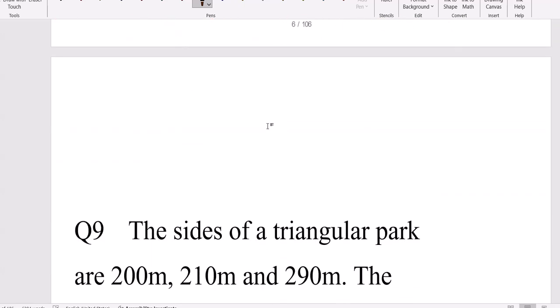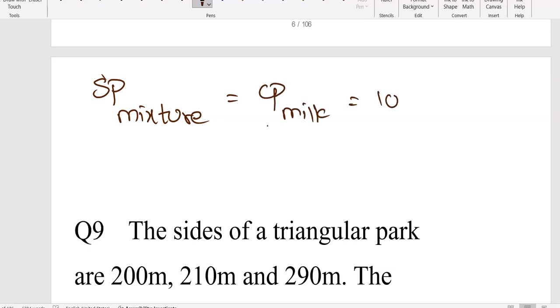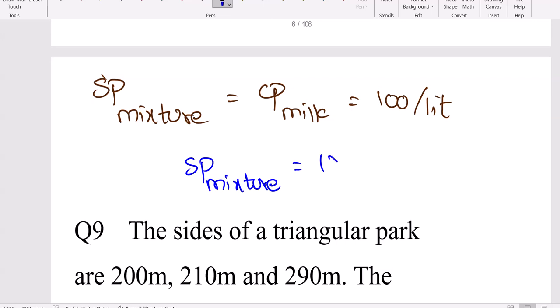Selling price of mixture is equal to cost price of pure milk, which is nothing but equal to 100 rupees we assumed. If you assume 200, take here also 200, no problem. So selling price is equal to 100 rupees. But I said I want cost price. How can you get cost price? Selling price is equal to 123.75% of cost price. Why 123.75%? They said gain is, in the question, gain is 23.75.